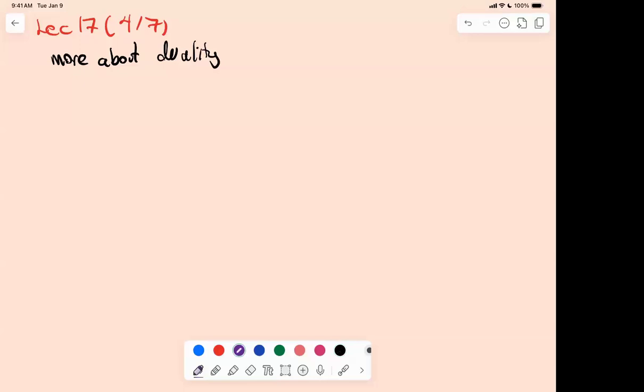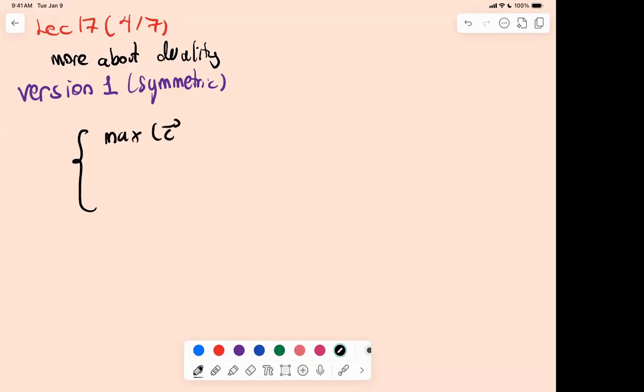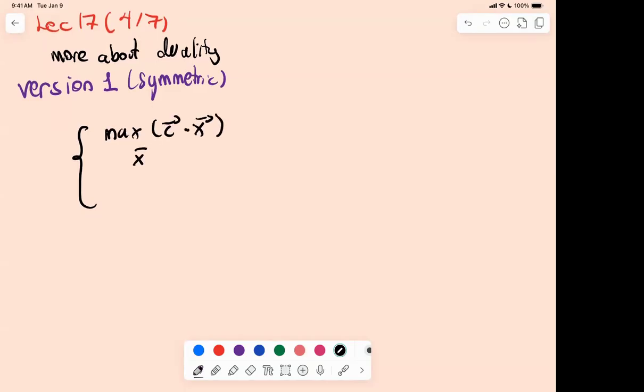Version one, which is sometimes called the symmetric version, and you'll see why, is that if you have a problem which is finding the max of c dot x, where the variables x are non-negative, and Ax is less or equal to b, right?